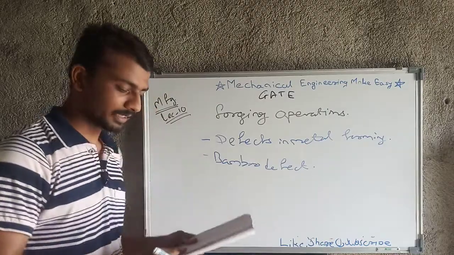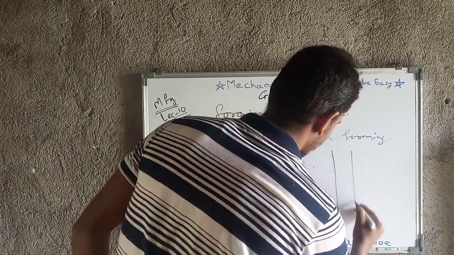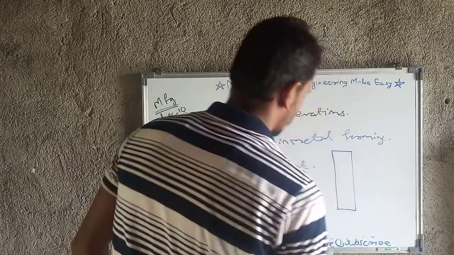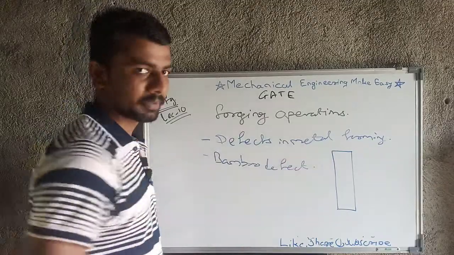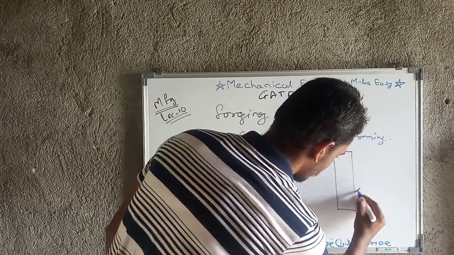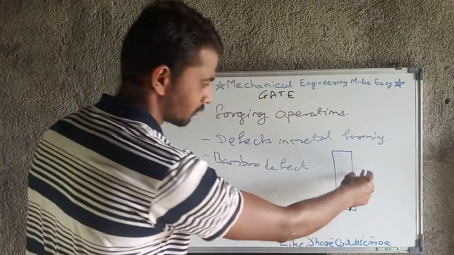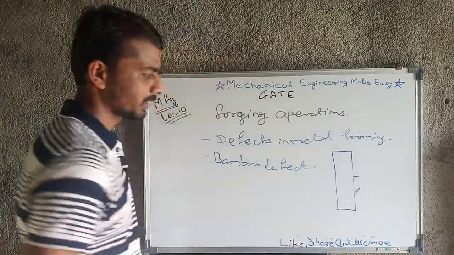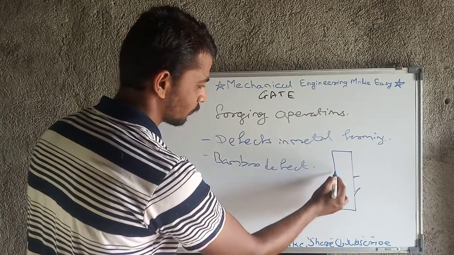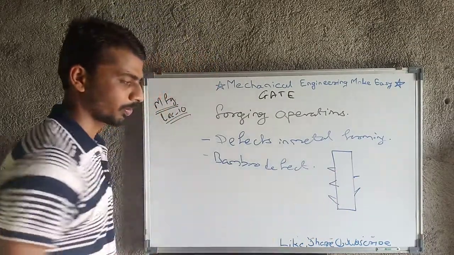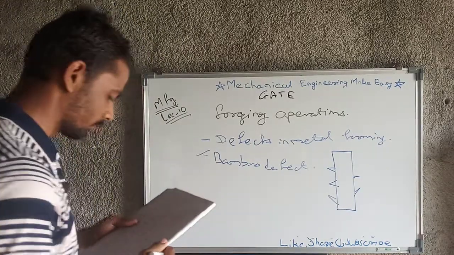Bamboo defect means the external surface will have some spikes. If this rod is obtained from the metal forming process and has some spikes, those spikes will be of very small size. I am showing large spikes only to explain. If spikes on the external surface are there, then that defect is bamboo defect.